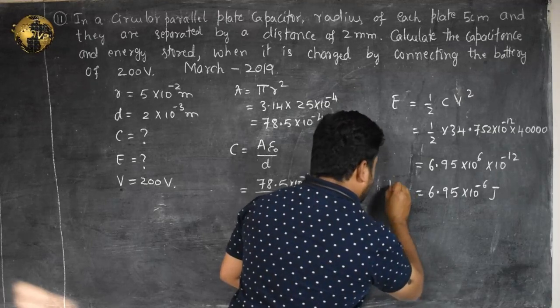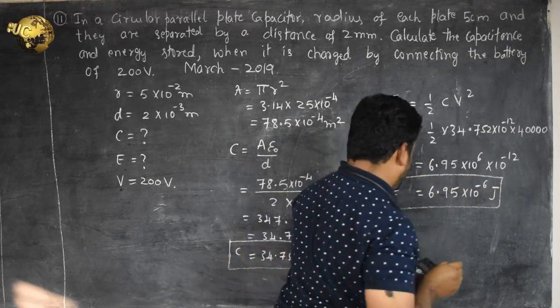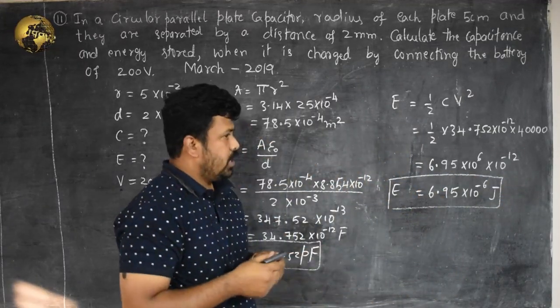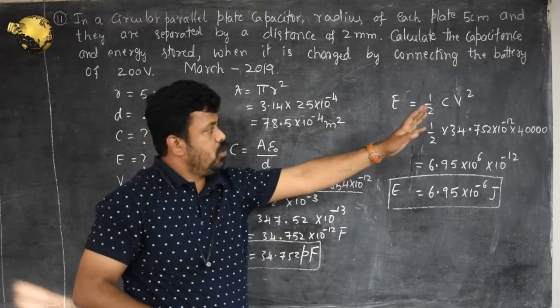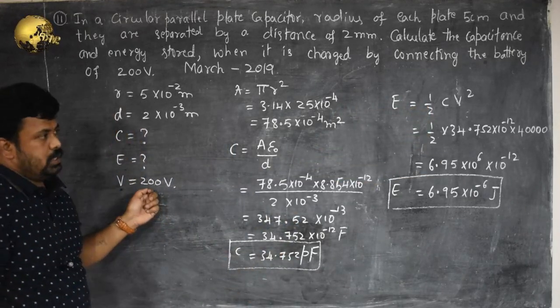So this is the energy stored in the capacitor when it is connected to a voltage of 200 volts.